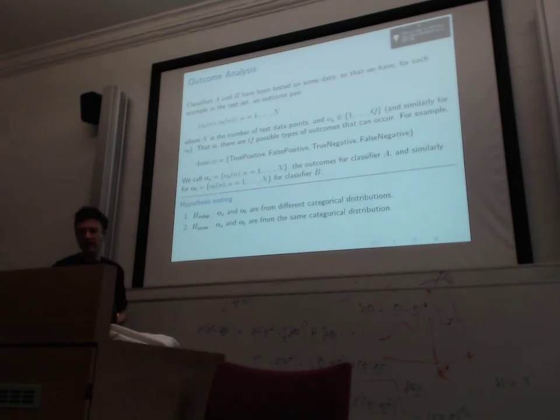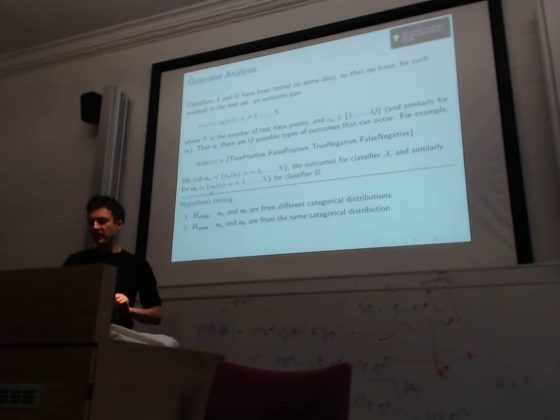In general, the outcome of A or the outcome of B is just in this domain 1 to Q. So I'm going to have an outcome for A and an outcome for B, and then have n of these. So this is going to be just a list of maybe 1, 1, or 1, 2, or whatever. And then I could write this set down as a vector of outcomes OA, a discrete vector, and we're going to have an outcome vector for B.